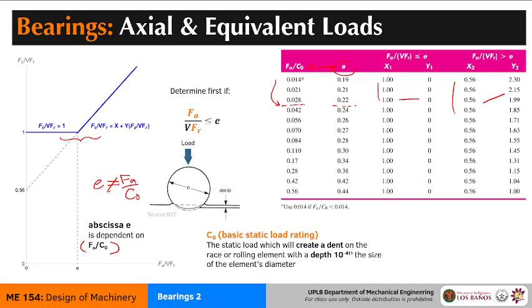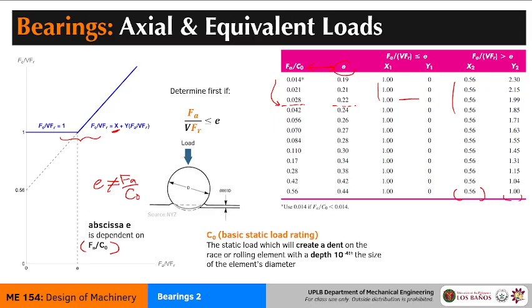Just notice here, this is an easy bit. Your X term here is just 0.56, and Y here is multiplied to Fa over Fr.